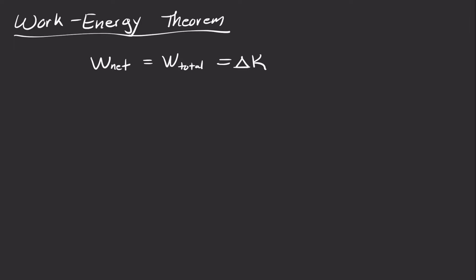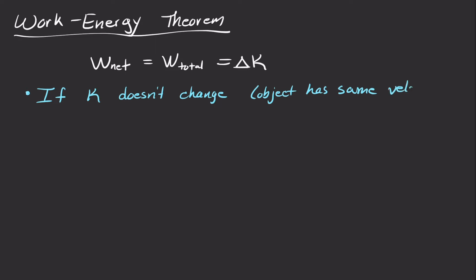So if the kinetic energy, capital K, doesn't change, so the object has the same velocity before and after, this means that the net work done by any forces acting on it is 0.